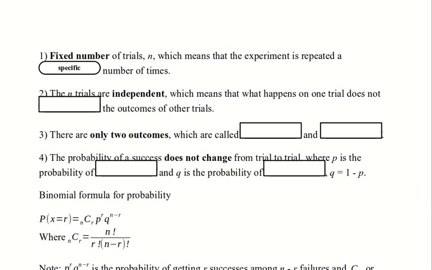The next requirement is that the n trials are independent, which means that what happens in one trial does not influence the outcomes of the other trials. Now, this may seem kind of obvious, the idea that if you perform an experiment, there's really no way that information should move from one experimental subject to another. But really, this is about randomly selecting the members of the experiment.